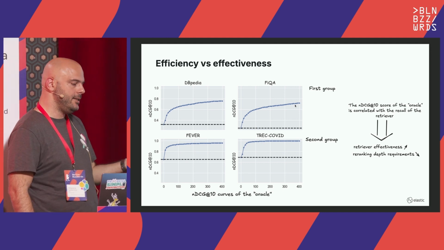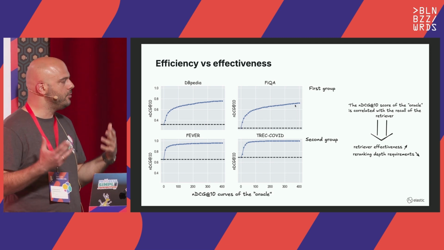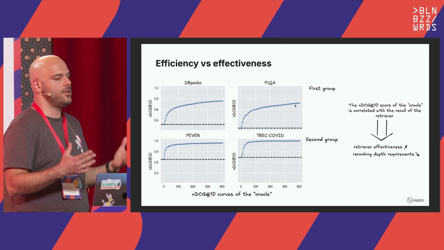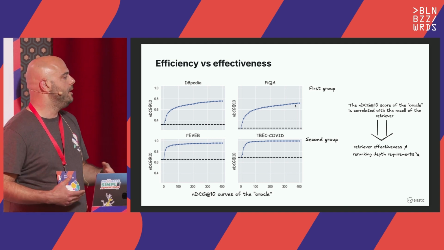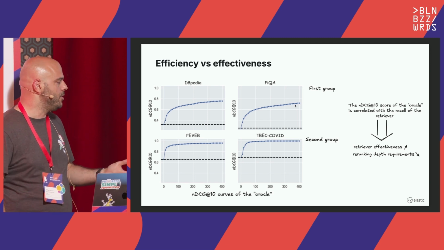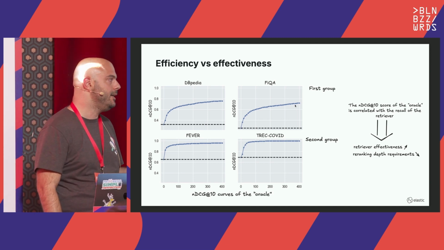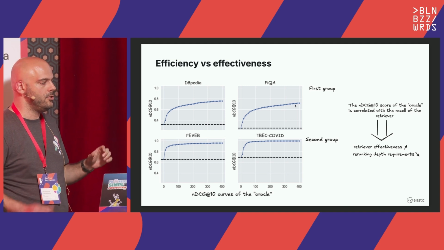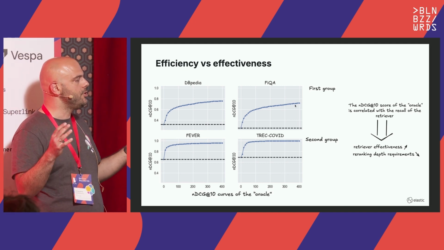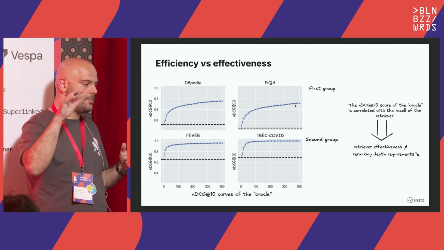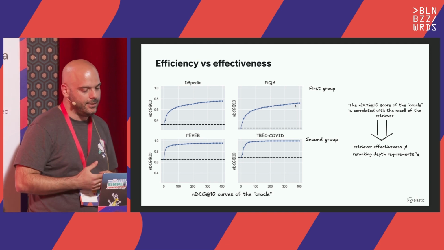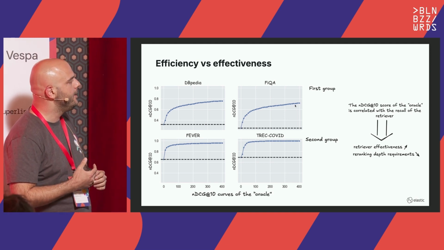Just as a reminder, the NDCG score takes into account 2 dimensions. The first one is recall, because in order to have a non-zero NDCG score, you need to have some relevant documents in the top 10 positions, if we're talking about NDCG at 10. And the other one is ordering, because if you have two systems with the same number of documents in the top 10 positions, and system 2 has pushed most of them to the top, the second system will attain a higher score.